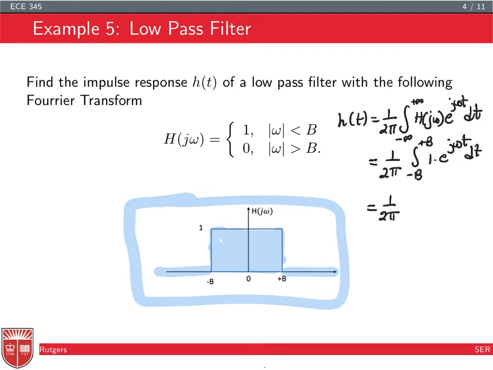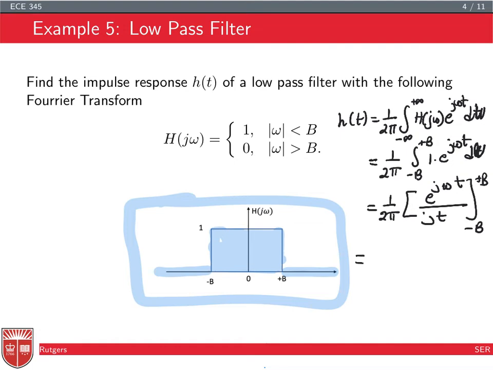I made a mistake here, it should be d omega. So the integral of e to the j omega t d omega is going to be e to the j omega t divided by jt, between minus b and plus b.